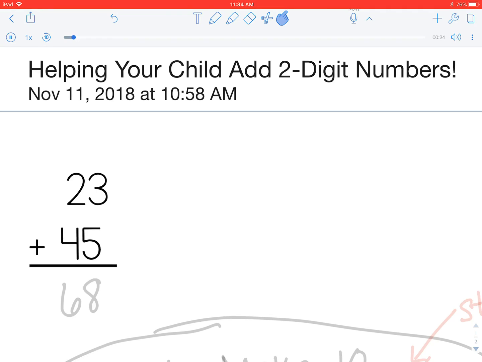So on the screen here I have 23 plus 45. Naturally, if you got taught how I did, we would just look at the ones, add them straight up and down, and same thing with the tens. No harm in that. It works. We get the right answer.